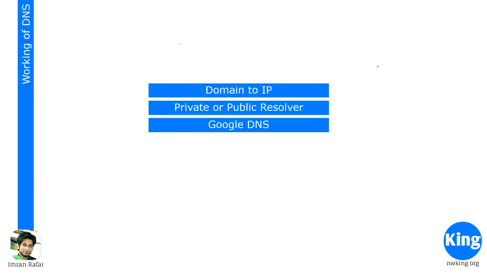Now let's come to DNS. So what is DNS? DNS, or domain name system, is a system where your domain names are converted to IP addresses. So like we said, www.imran.com is something that we all remember. We remember domain names.